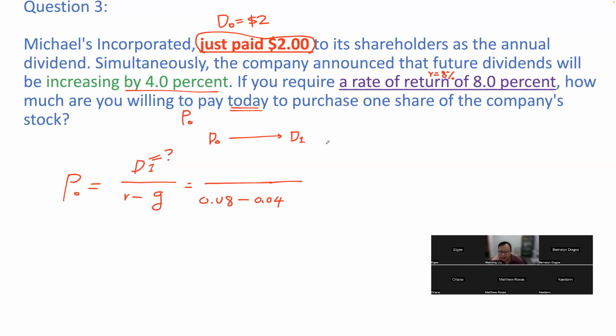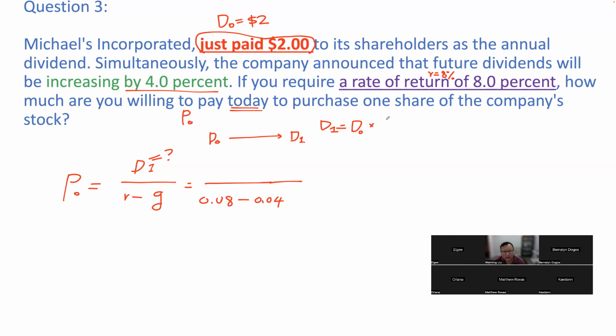So D1 will be more than D0 or less than D0 or equal? Is the dividend in a year going to be higher than today's dividend, lower or equal? Higher, okay. So what is that specific relationship? D1 equals D0 times what?